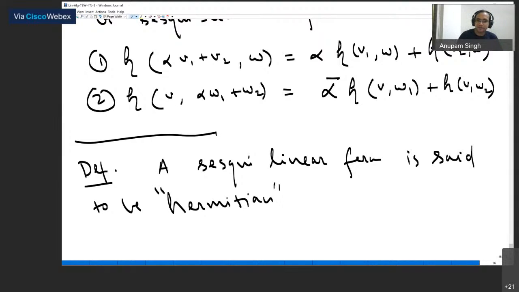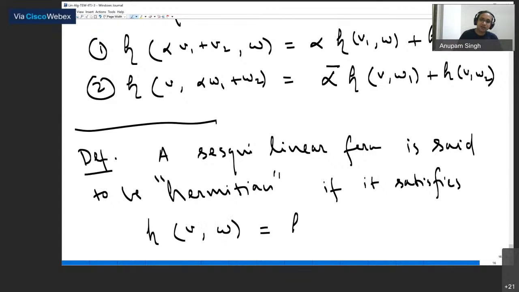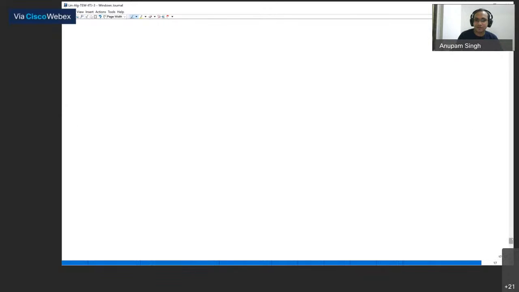It is said to be Hermitian if it satisfies the following. What happens when we change coordinate? H of V, W: when you change the coordinate, it changes with a bar, because these are scalars in the field F. So when we change the coordinate, you get the conjugate of that scalar, not the same scalar. Okay, so this is a sesquilinear form.